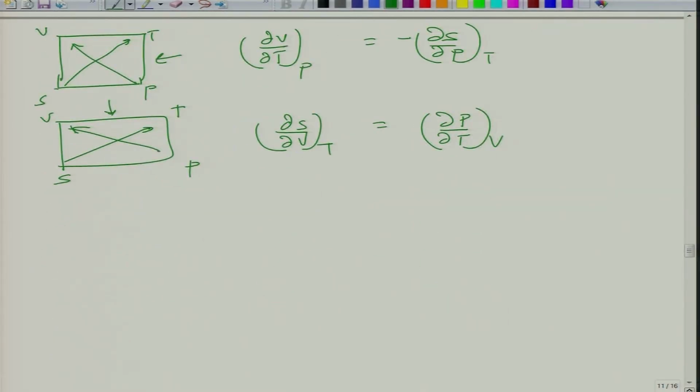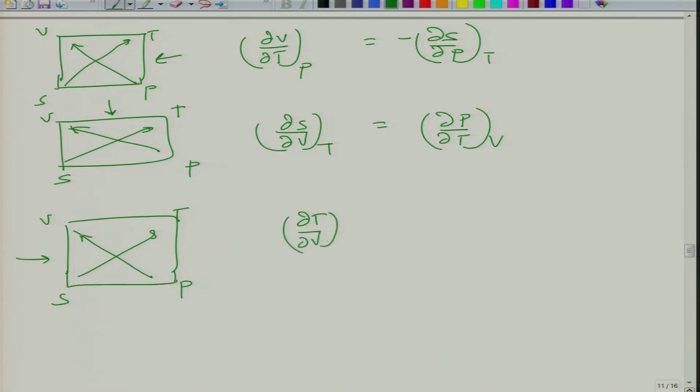Similarly, I can do the last one. So, this is your del T by del V, del P by del S, okay. These are the two edges, two points here, del T by del V, del P by del S, and now for del T by del V, we have kept S as constant.